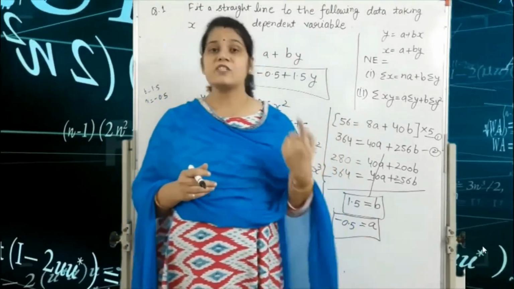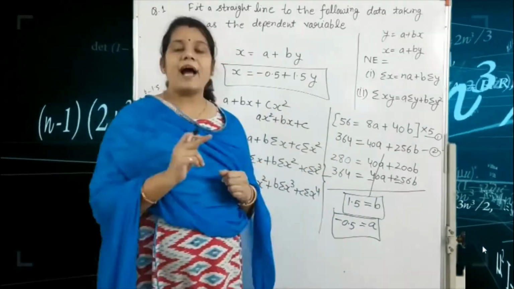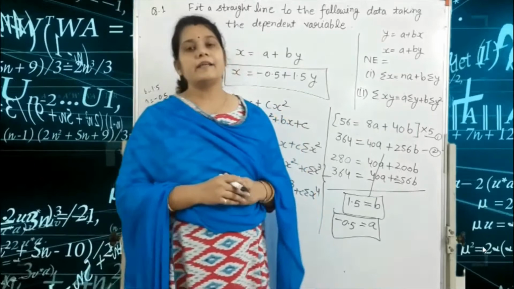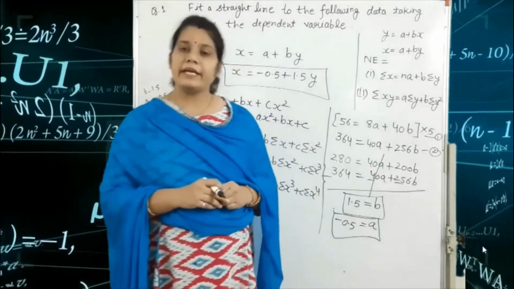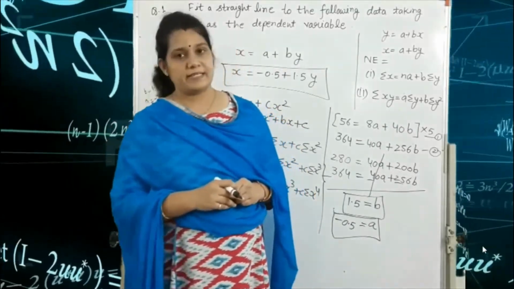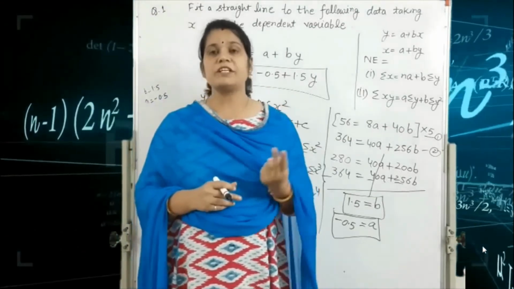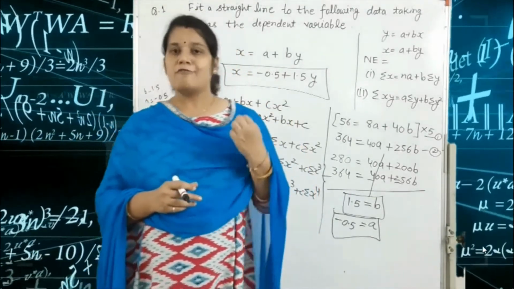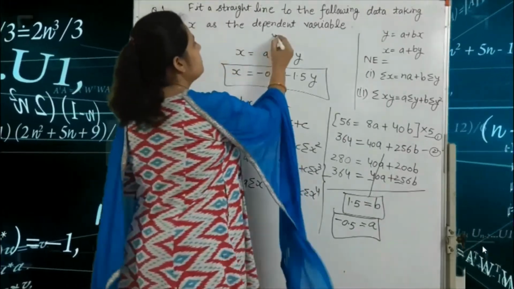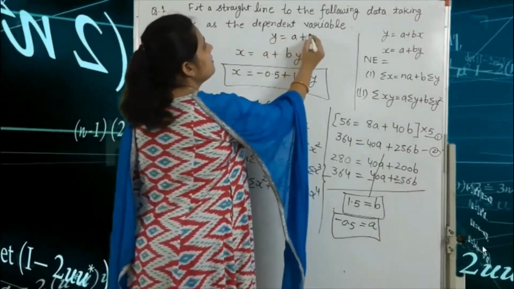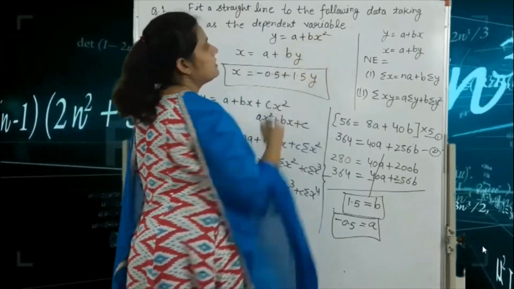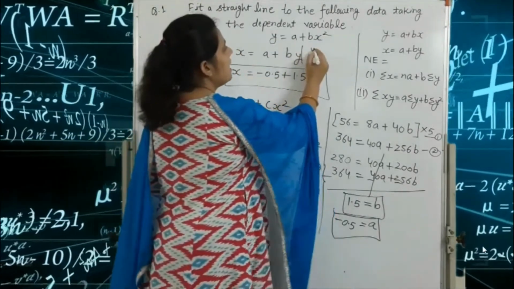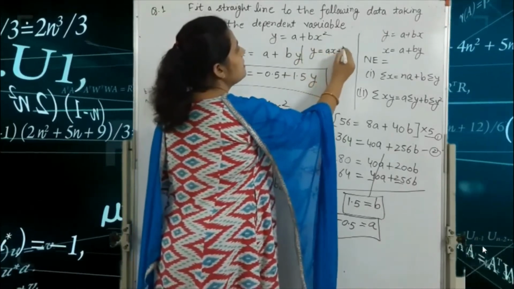Our next quadratic equations are y is equal to a plus bx square and y is equal to ax plus bx square. But in these two equations, we have only two unknowns. Got it? y is equal to a plus bx square, this is our quadratic equation, and the next one is what? y is equal to ax plus bx square.